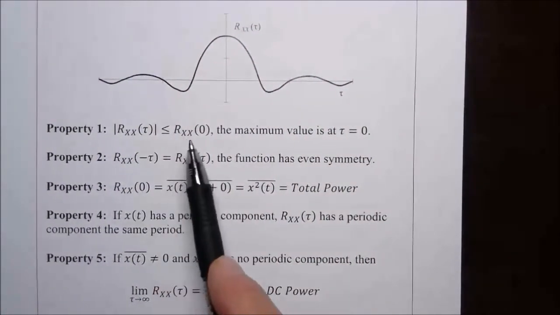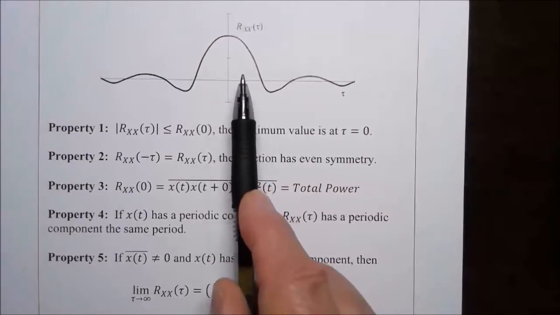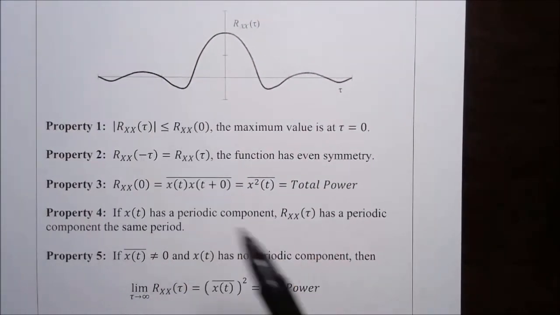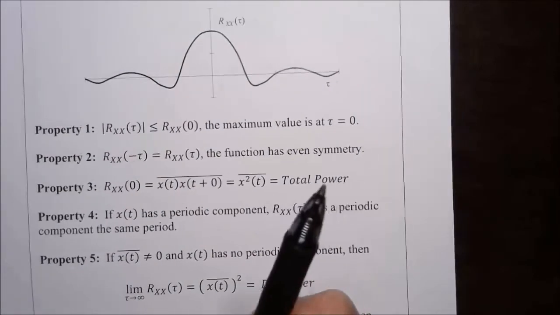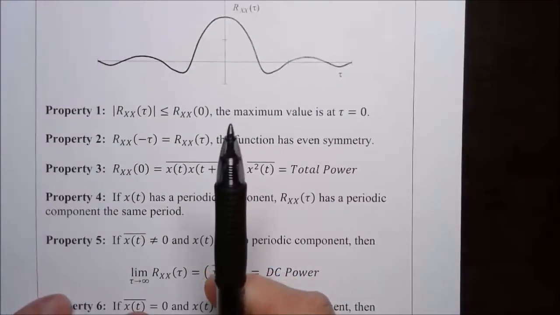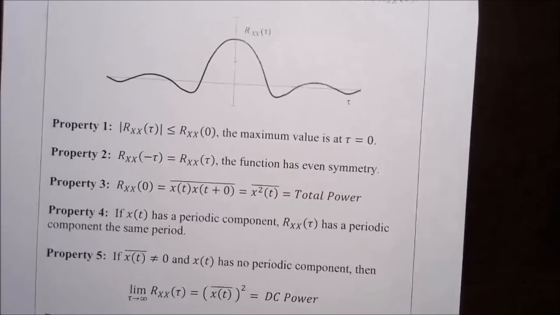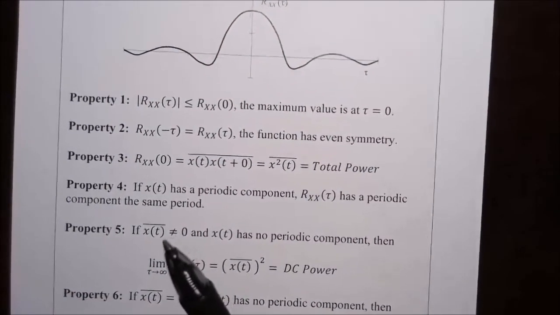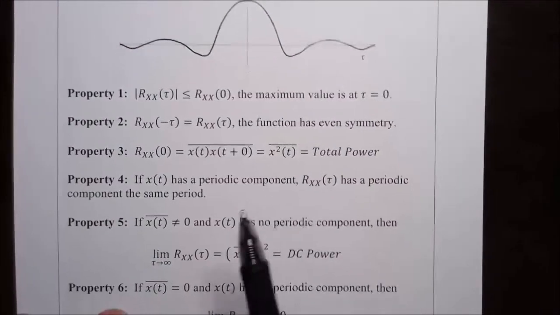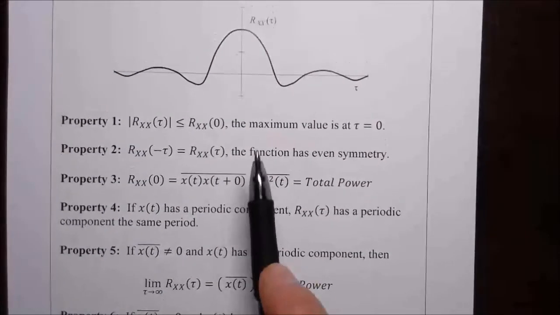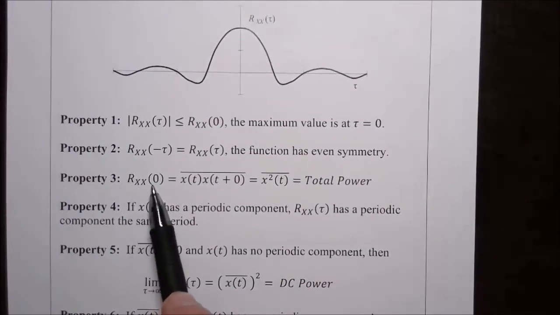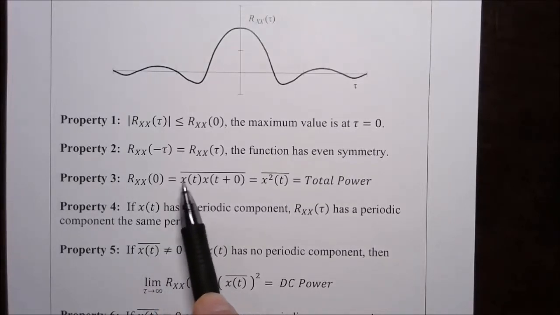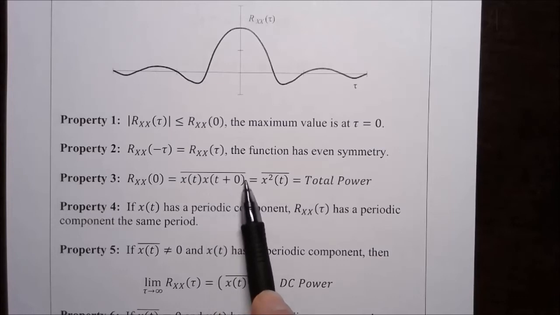The second property is that it is symmetrical. It will have even symmetry. It's a real function. It has only a real part, doesn't have an imaginary part, and it has even symmetry. The next property is if you look at the autocorrelation at time shift tau equals 0, that would be x of t times x of t plus 0.